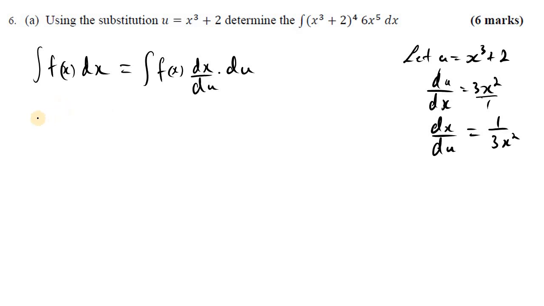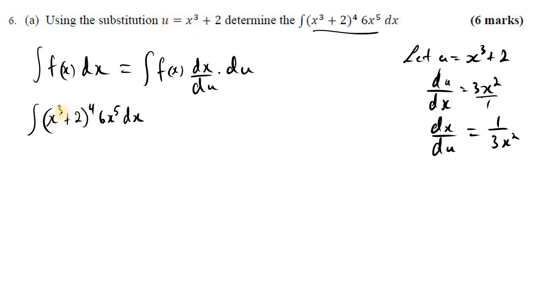Alright, so what we're going to do, we're going to write the integral of, and now we're going to write the function here. Let's write it back. And the next step in doing this, notice that we have the x cubed plus 2 being equal to u.